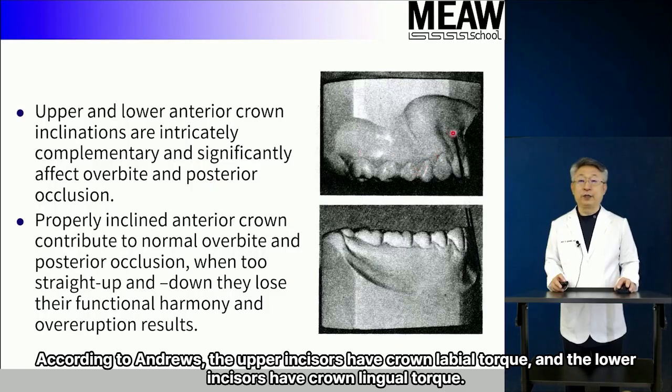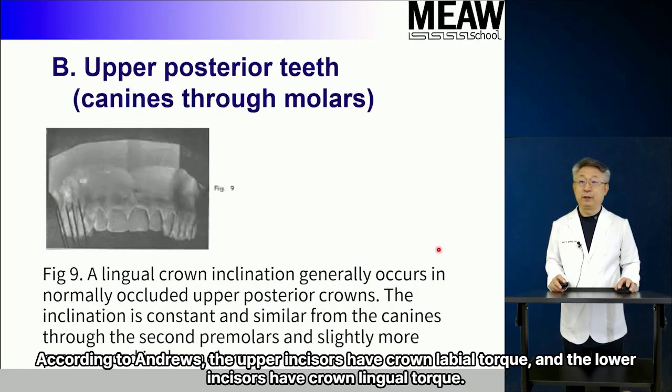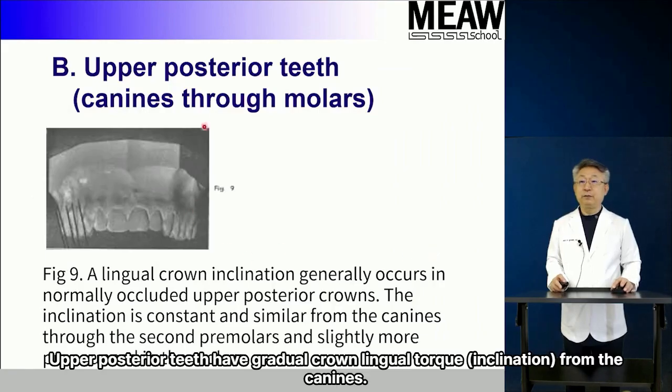According to Andrews, the upper incisors have crown labial torque, and the lower incisors have crown lingual torque. Upper posterior teeth have gradual crown lingual torque inclination from the canines.